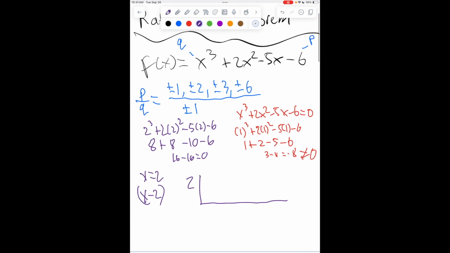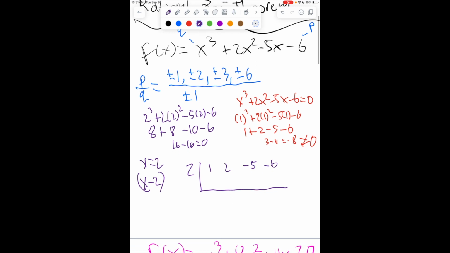So we're good there. 1, 2, -5, -6. I'm going to bring this first part down. 2 times 1 gives me 2, that gives me 4, 8 gives me 3, and 6 gives me 0, which is awesome. Because I get a 0 here, I know that it's going to be a factor.